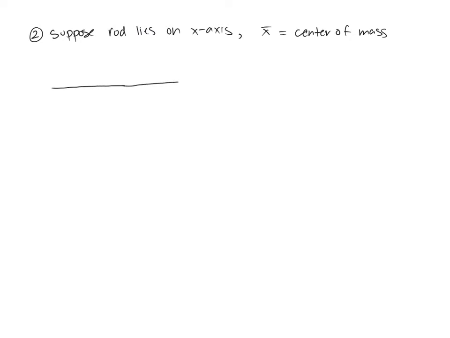So what we have here is a one-dimensional picture. Kind of hate it when I can't draw straight lines. Okay, so there's x1, here's x2, and at x1 is mass 1, at x2 is mass 2. And the question is, where is that x bar? Can we get a formula for it is the question we're trying to answer here.